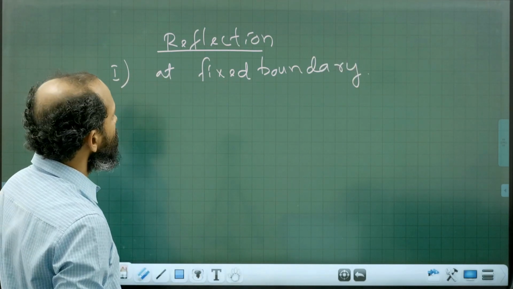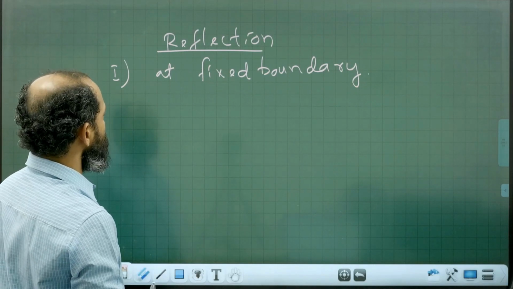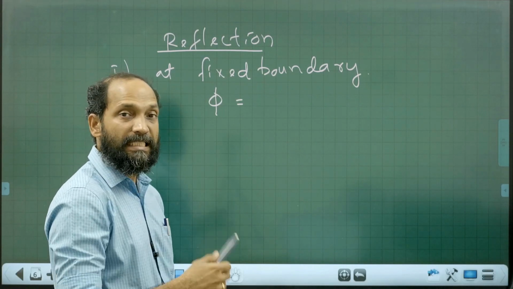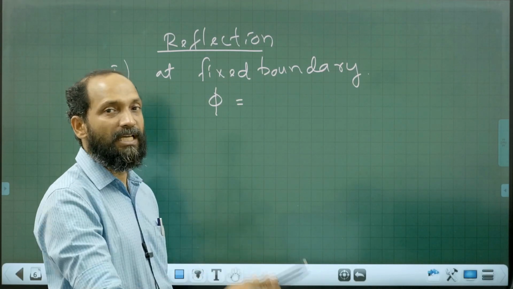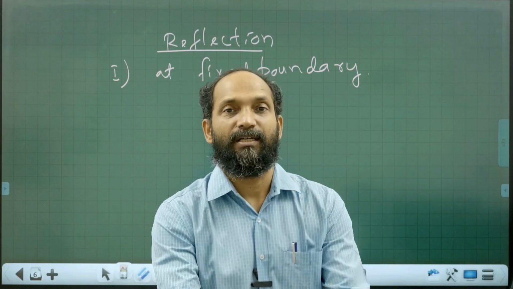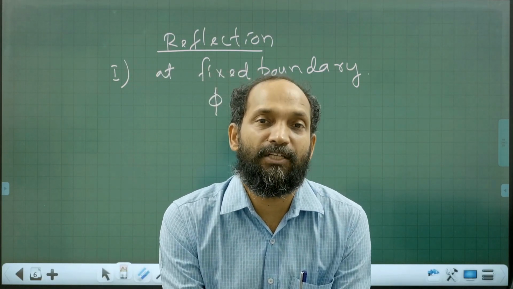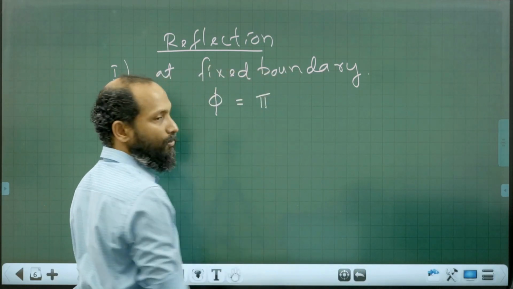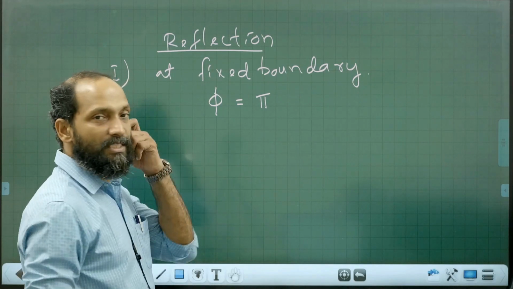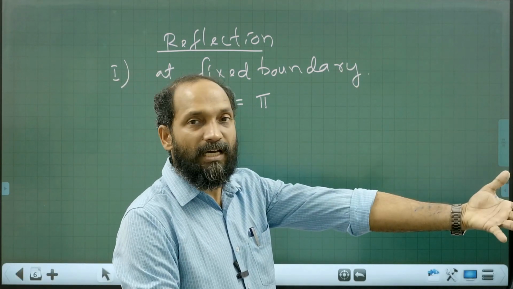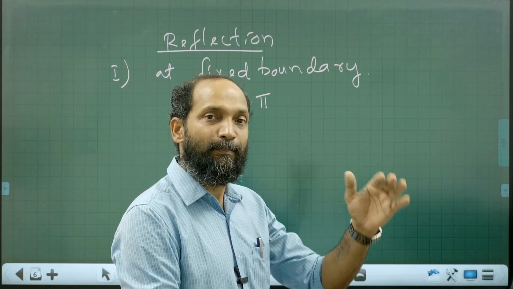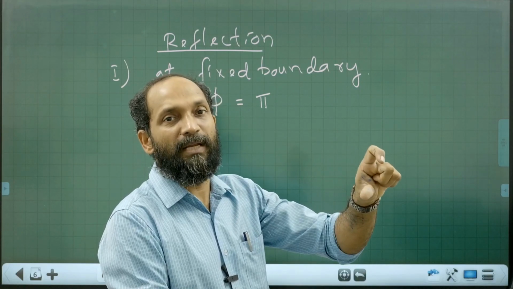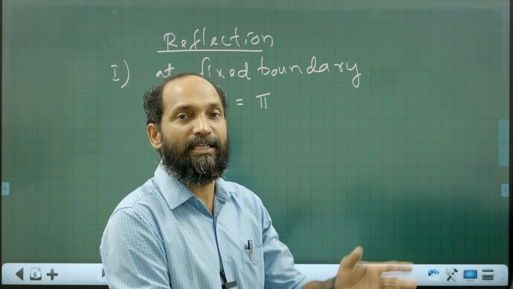When a traveling wave undergoes a reflection at a rigid boundary, a crest is reflected as a trough or a trough is reflected as a crest. Similarly, a compression is reflected as a rarefaction, a rarefaction is reflected as a compression. So there is a phase angle of pi radian or 180 degree, due to which when a compression is reflected as a rarefaction, compression has an amplitude plus A, rarefaction has an amplitude minus A. On adding algebraically, plus A plus minus A becomes 0 naturally.